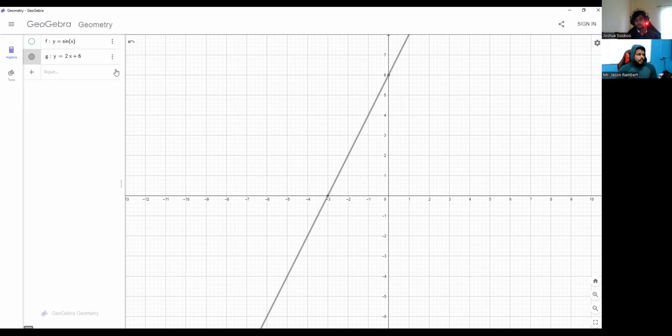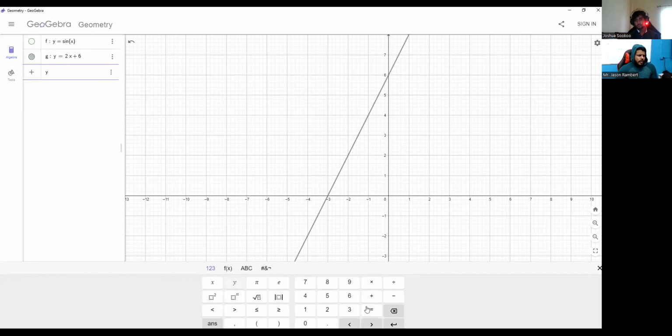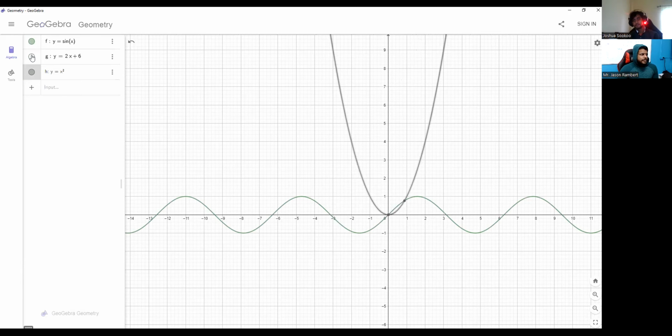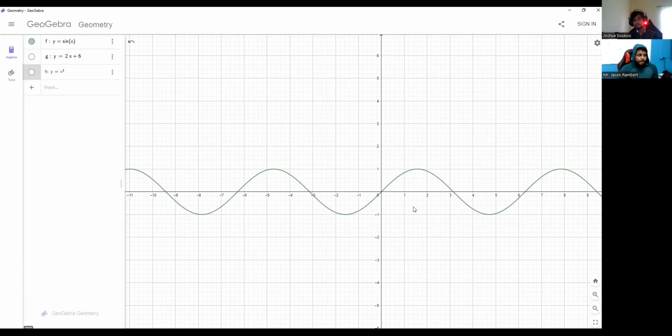The same thing we did when we had y is equal to a simple x squared. What is y when x is equal to 1? I'll go up and across and I'll get a value.